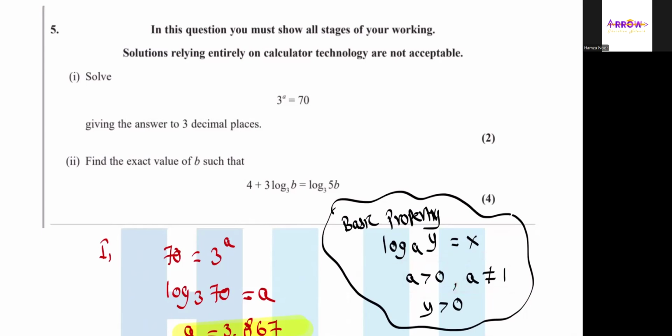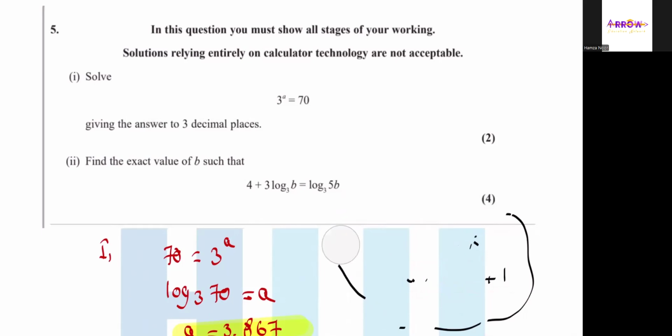This is the basic property which you always need to remember. So for this question, b should be positive as b is the argument of the logarithmic term, in order to make the logarithmic term defined.